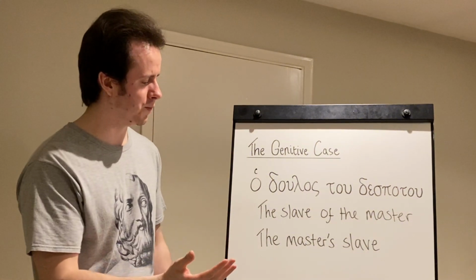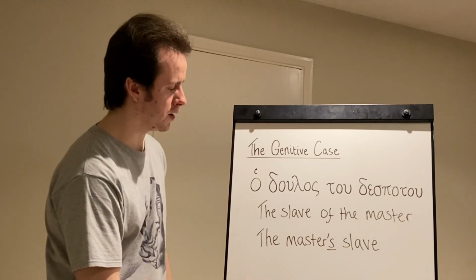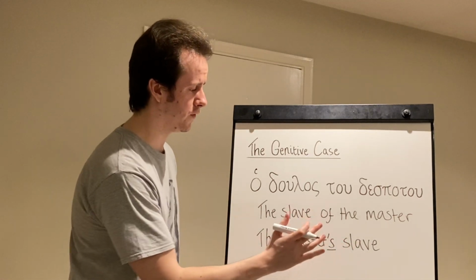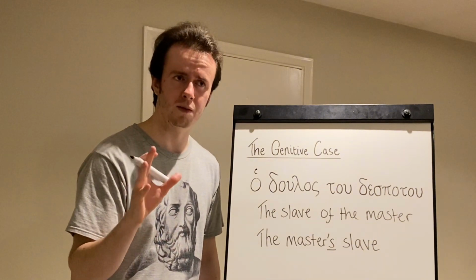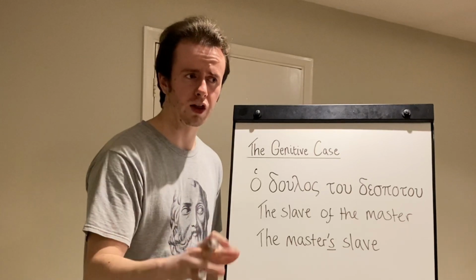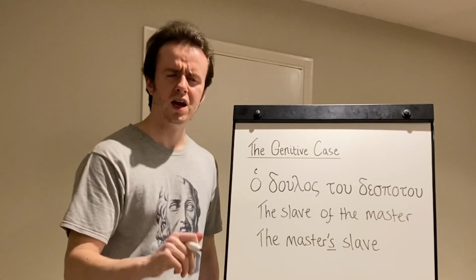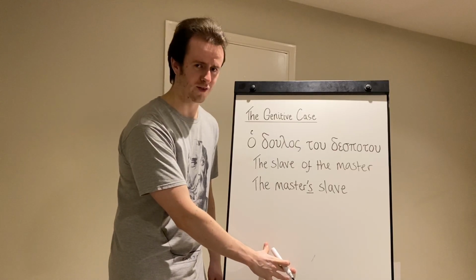So what we've done here is we've used apostrophe s to show that the master possesses the slave, instead of using the word "of", which is a bit clunky in English when somebody is possessing something else, since when somebody possesses something else, we don't typically use the word "of" anymore. Think about it. Would you say "the whiteboard of David", or would you say "David's whiteboard"?